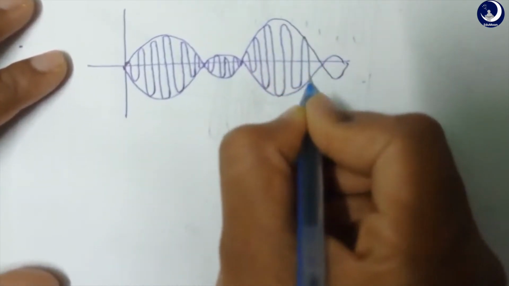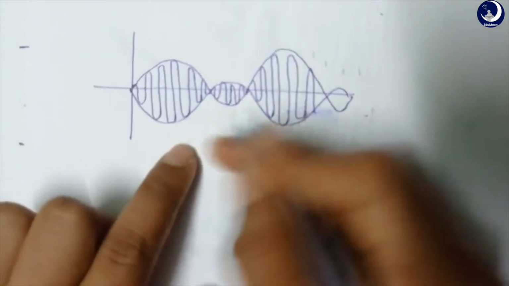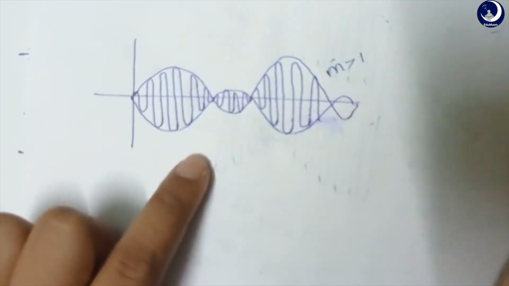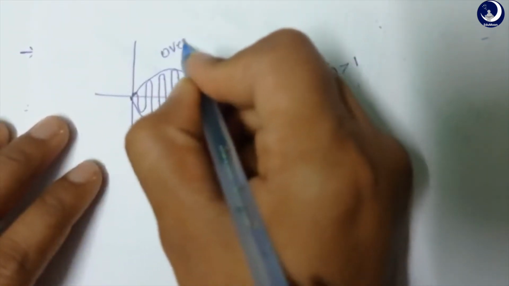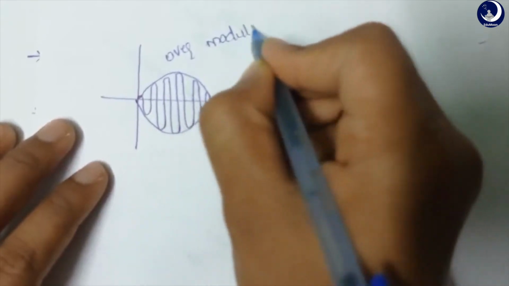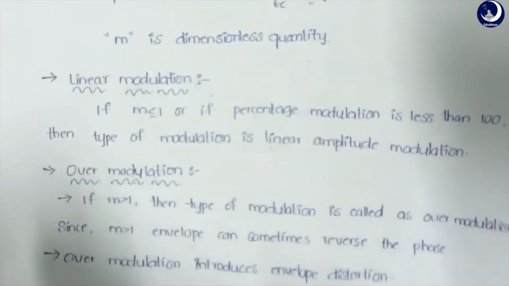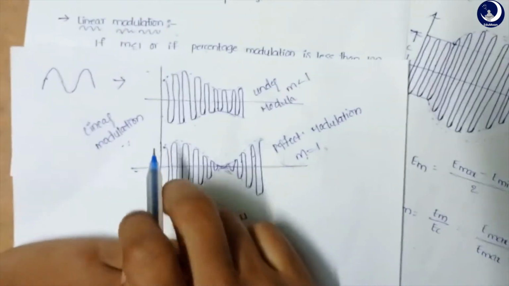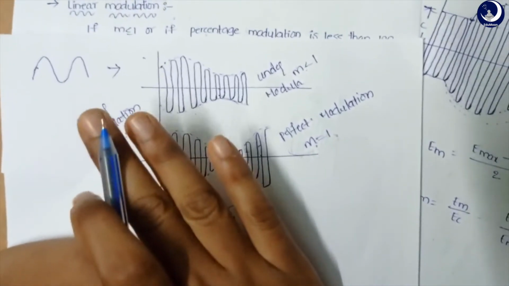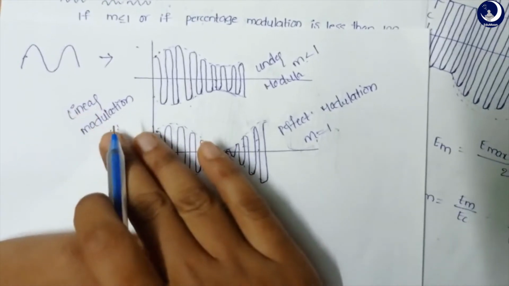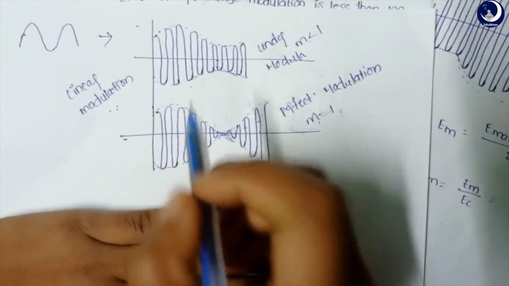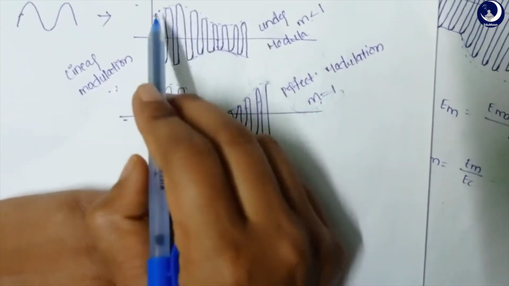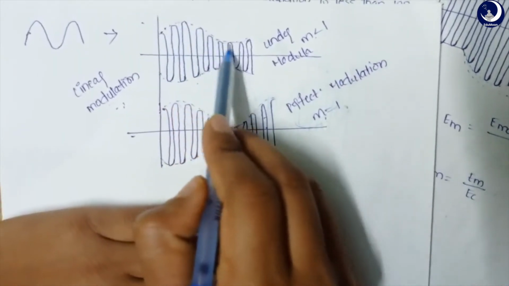So this is when m is greater than 1, and this is over modulation. So guys, if you observe, generally in amplitude modulation, which we already discussed in our last class, we can detect our message signal from the envelope of the modulated wave.